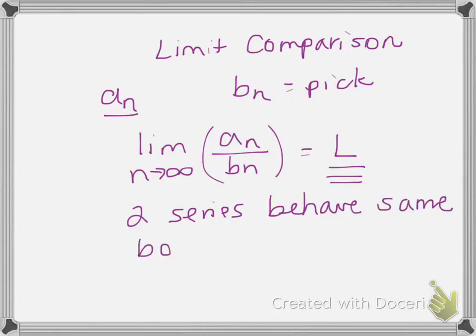Meaning they both converge or they both diverge. So if you pick something that diverges and you get a limit when you divide them, then the answer is diverging. If you pick something that converges and when you divide them you get a limit, that means that they both converge. Okay? So let's look at some examples.